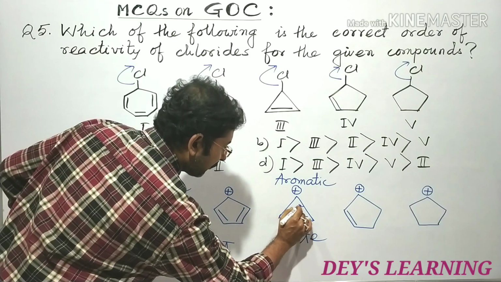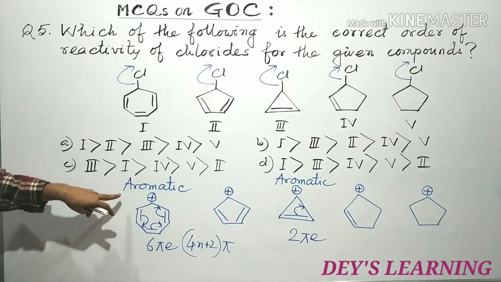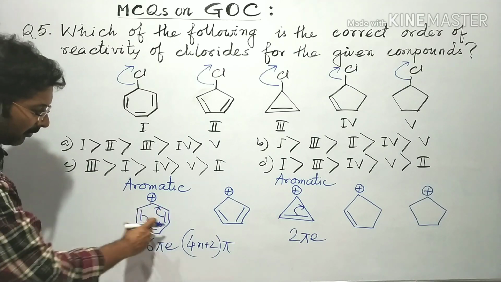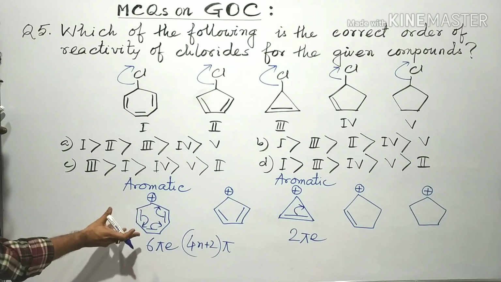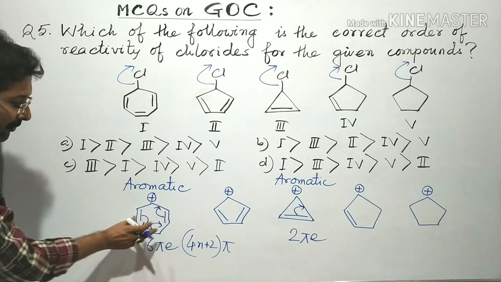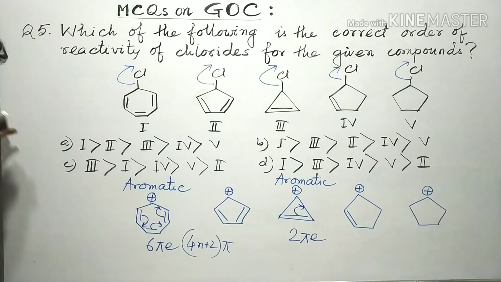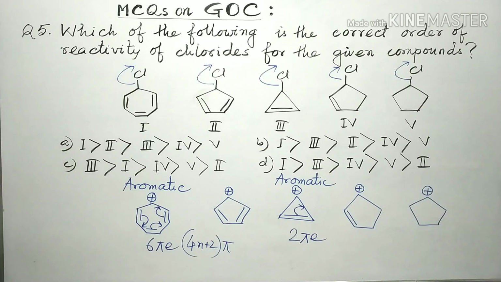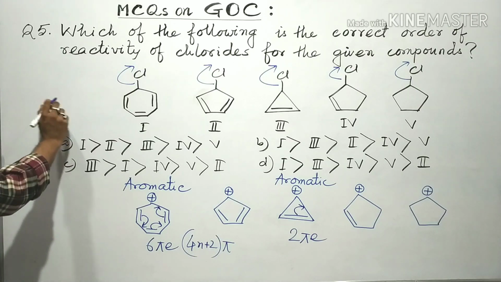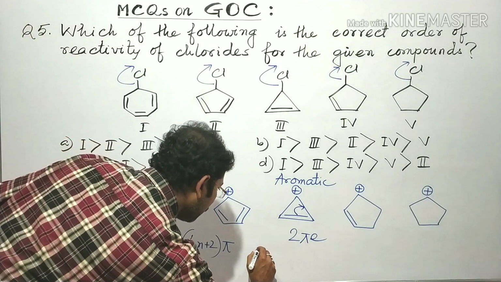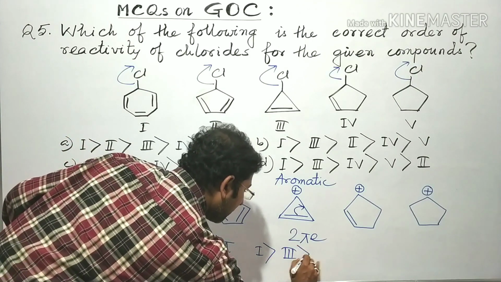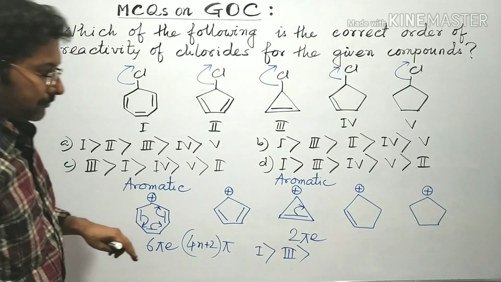This is also resonance stabilized, but this one has more double bonds, so it is a more conjugated system. Its resonance energy is greater than this one. So this is the most stable carbocation. So we can arrange in this way: carbocation 1 is more stable than 3.